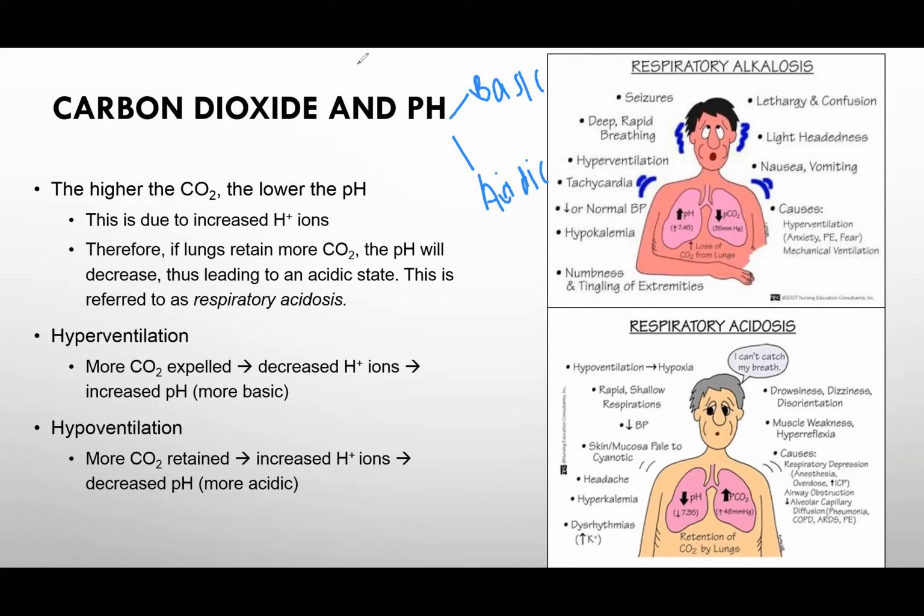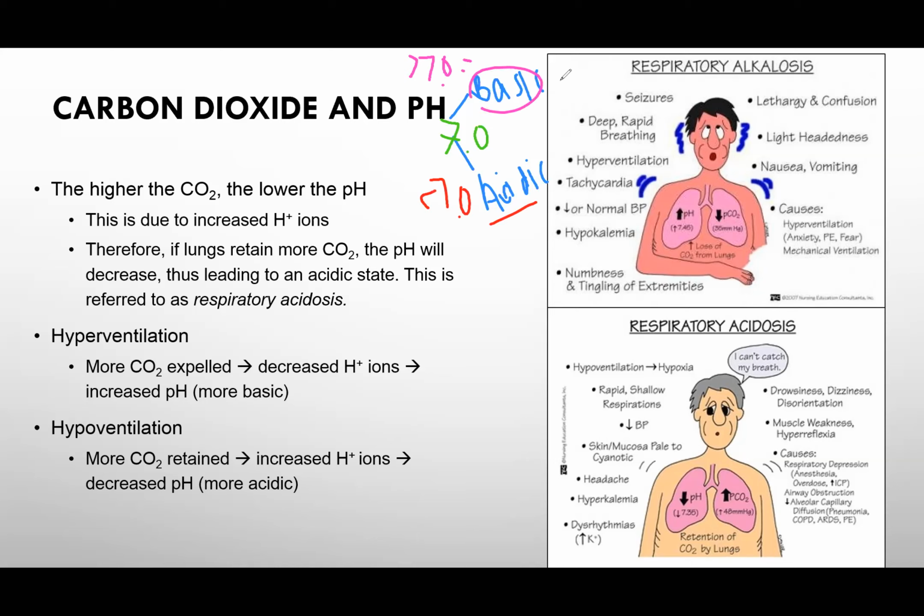Neutral pH is 7.0. Anything less than 7 is considered acidic. Anything greater than 7 is basic.